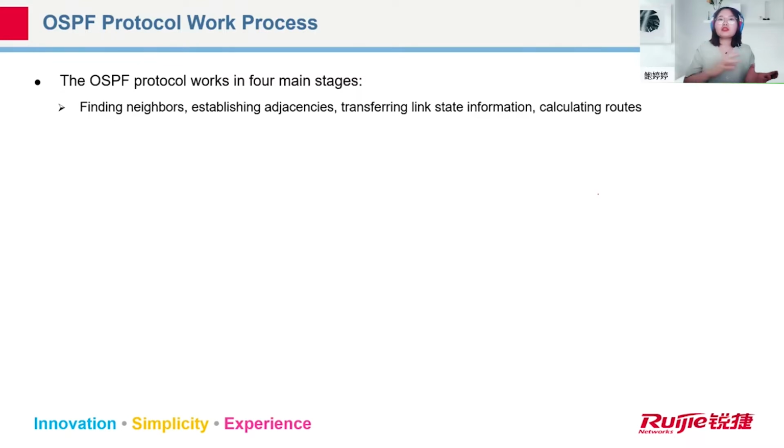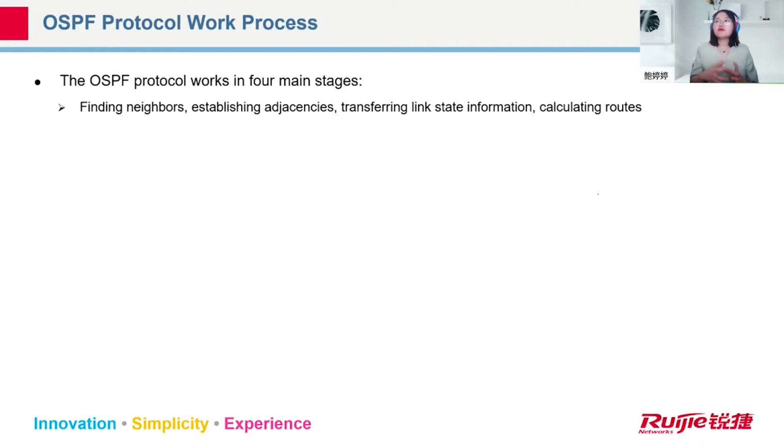And then we will transfer the link state information. This is the key point of why we find the neighbor and why we have to establish the adjacency. Because I want to share my link state with you, and I also want to know your part. And then we will build the database, and then we can calculate the route according to the database. Why is the database so important?